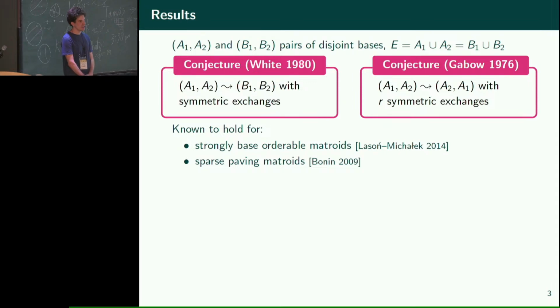And with Christoph, we generalized this to split matroids, a superclass of sparse paving matroids that includes, for example, paving matroids. We heard about these today from Benjamin when he talked about elementary split matroids. Actually, that's why we studied elementary split matroids with Christoph, because we wanted to prove these conjectures for split matroids.